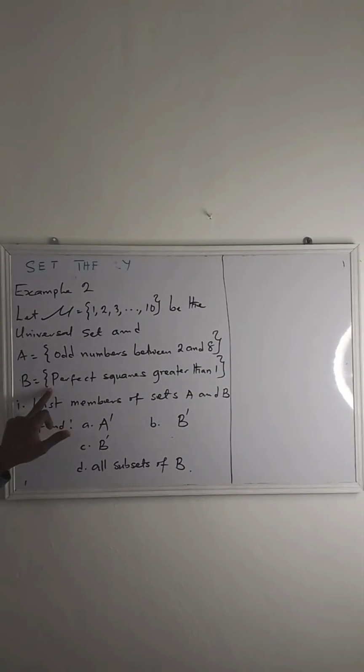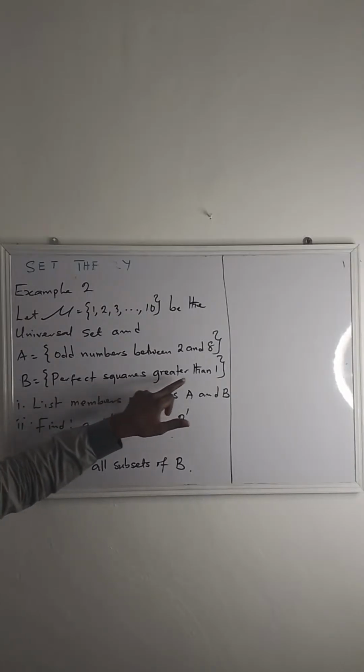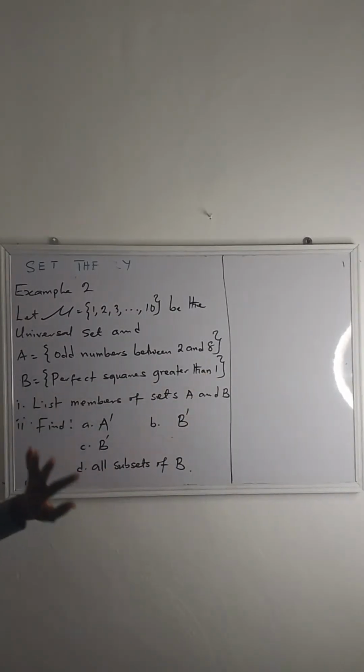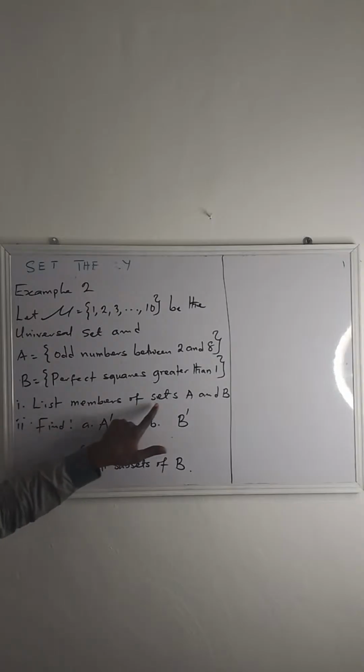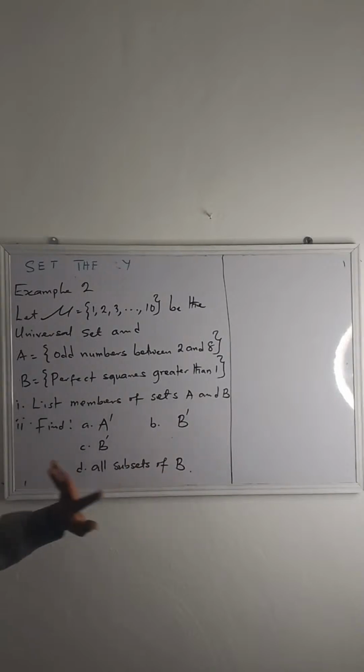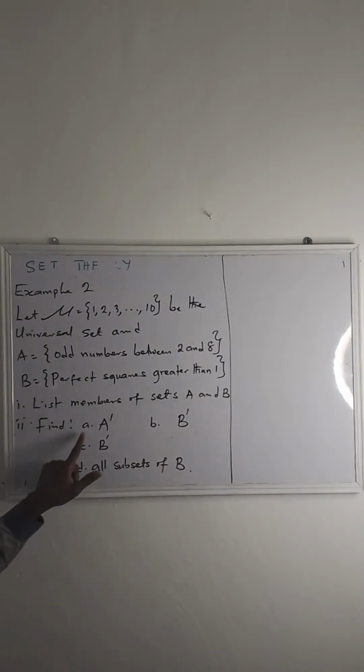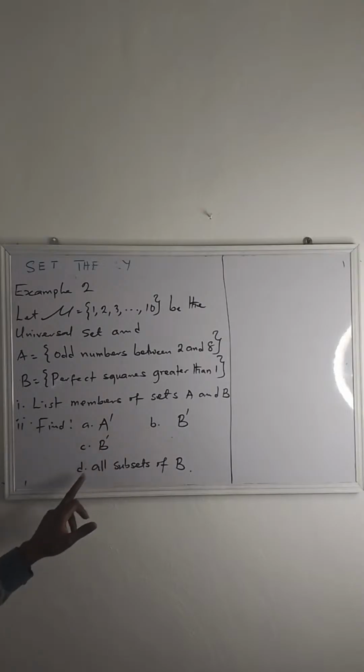B is the set of perfect squares greater than 1. Now, the question is list members of sets A and B, and also find A complement. So this symbol means complement, and the B complement, C complement, and all subsets of B.